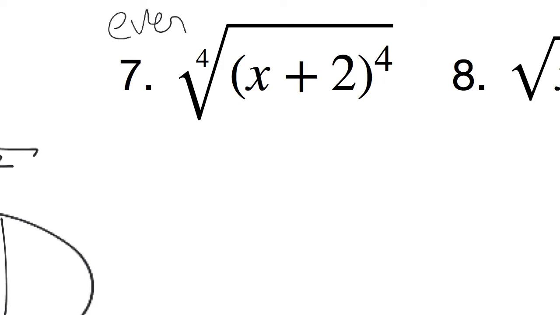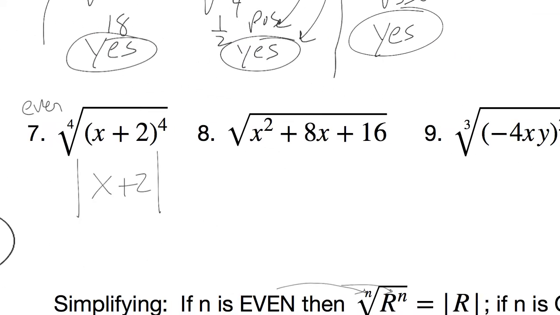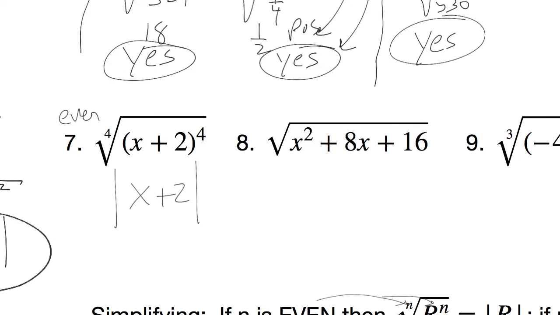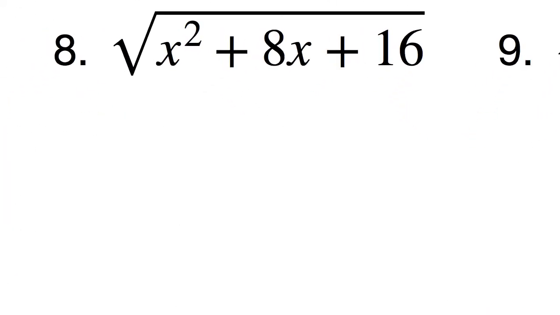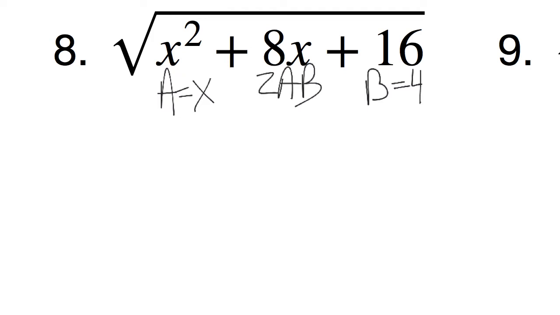So therefore, we know we can take this to be the absolute value of x plus 2. The two 4's cancel each other out. Here, it doesn't look like a perfect square to begin with, but if you note that a is equal to x and b is equal to 4, then 2ab would be 2 times x times 4, which is what we have.